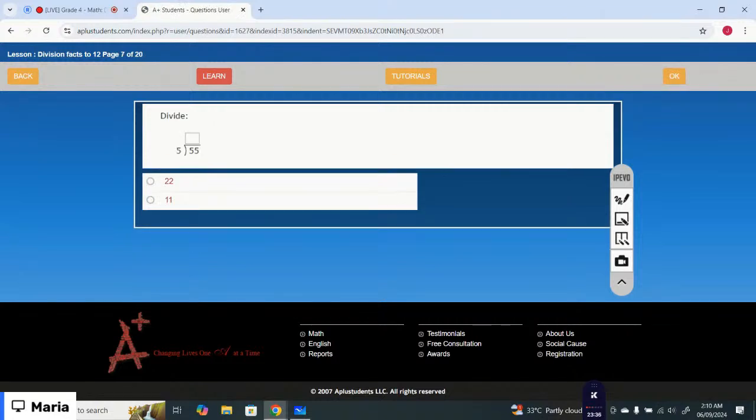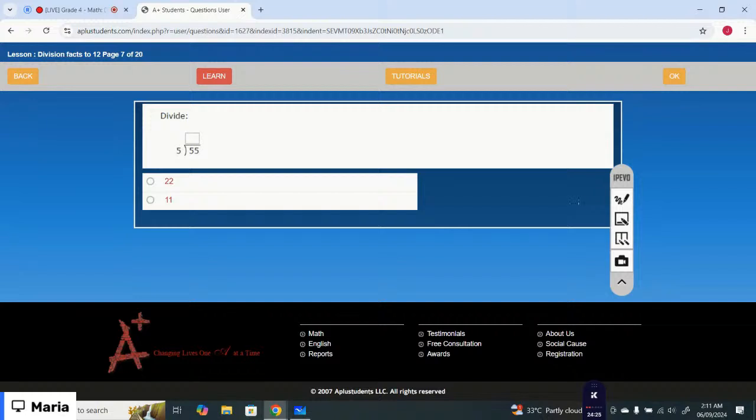Okay, the next one is 55 divided by 5, which is the correct option? 11 it is. Very good. Option number 2 is the correct option.